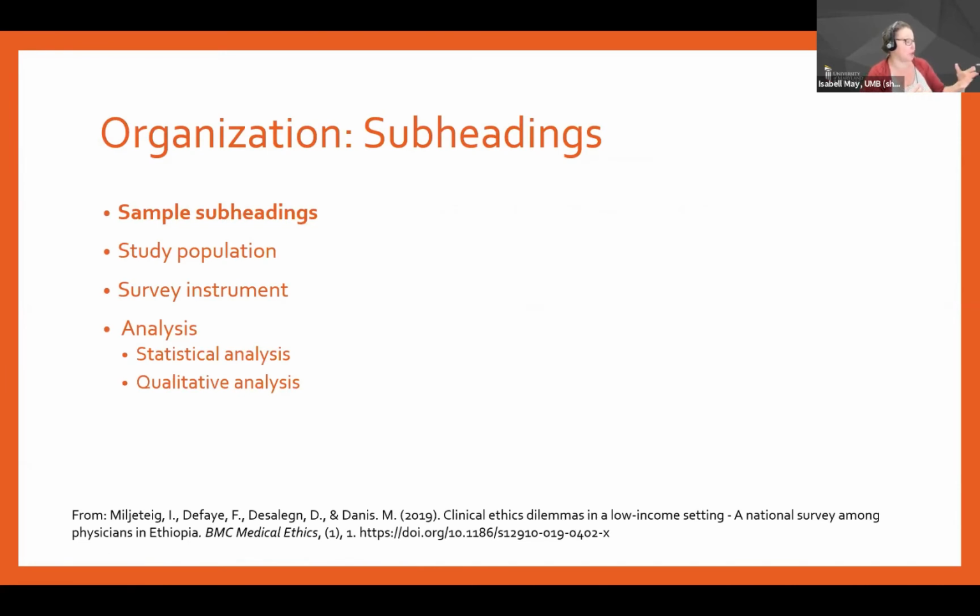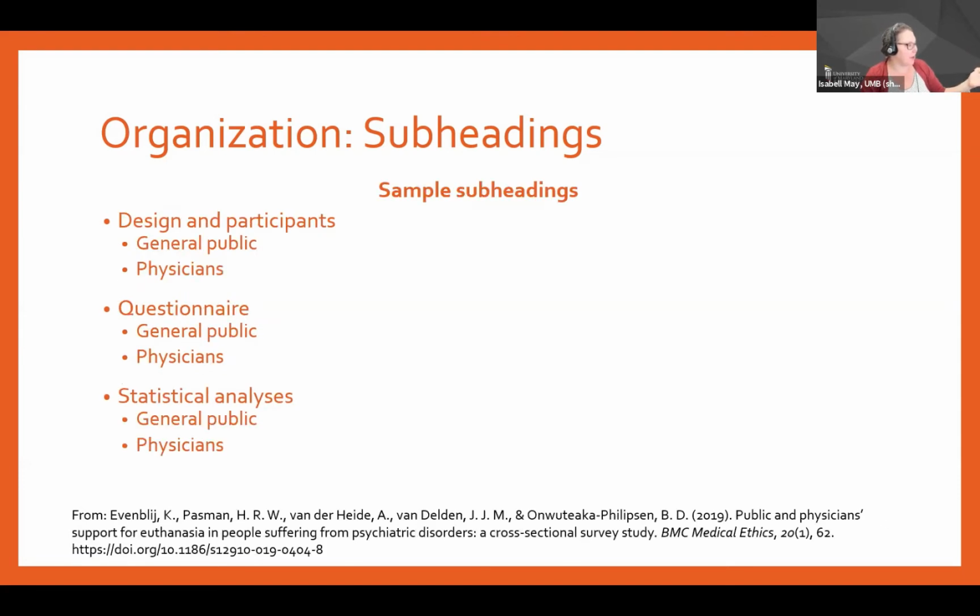Some sample subheadings. This is from a survey study. Sample subheadings: study population, survey instrument, analysis, statistical versus qualitative. So pretty bare bones, right? This is from a study from BMC Medical Ethics, an Ethiopian study. Another example also comes from BMC Medical Ethics, a cross-sectional survey study, similar but designed in participants.